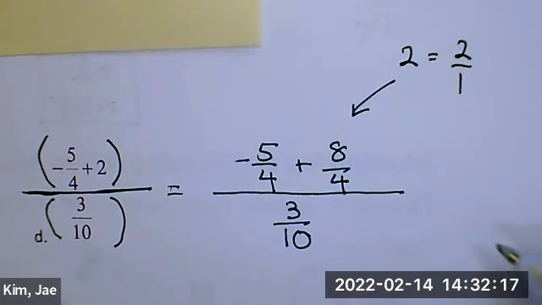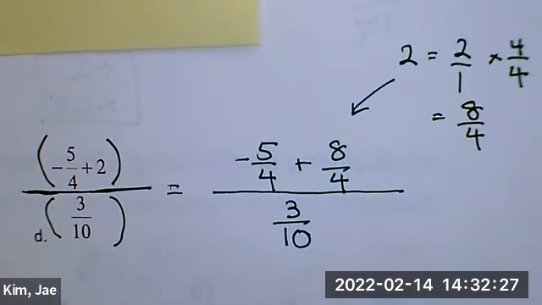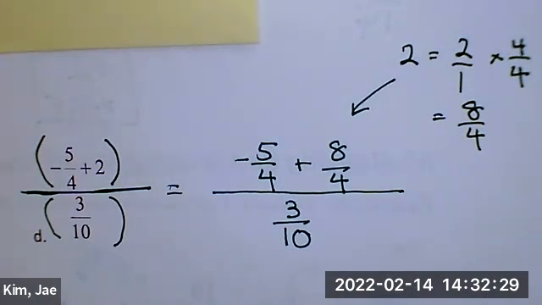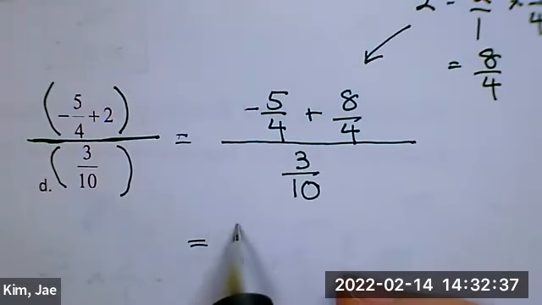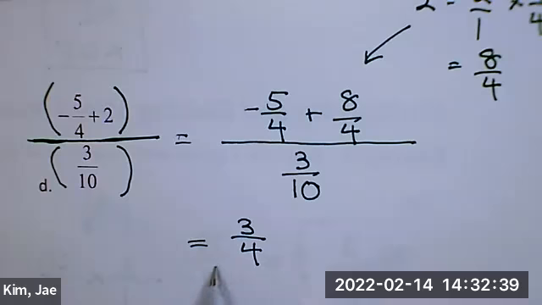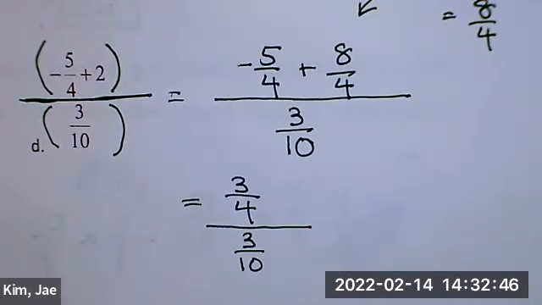And that is the same as, I'm going to multiply both top and bottom by 4, and I'm going to multiply by a 1. So 2 is the same as 8/4. Okay, which equals to this.